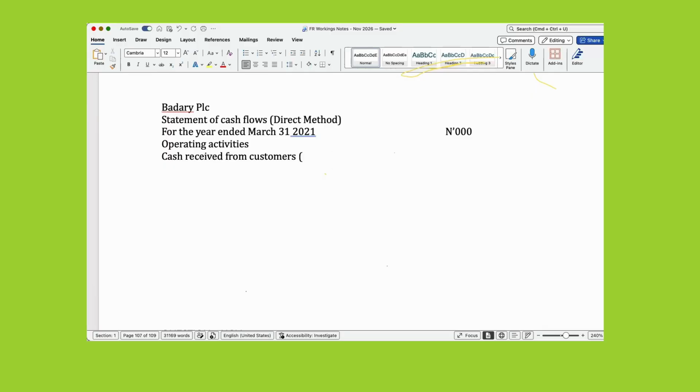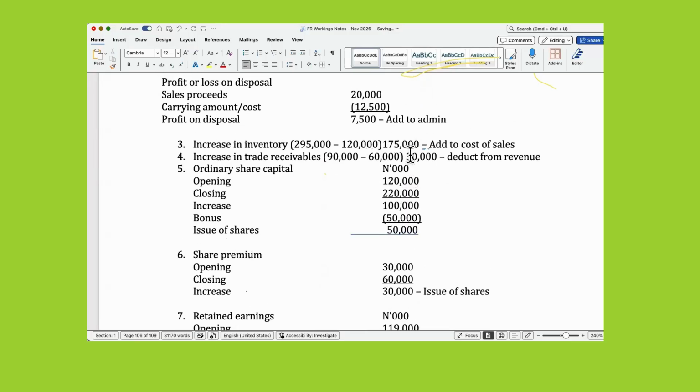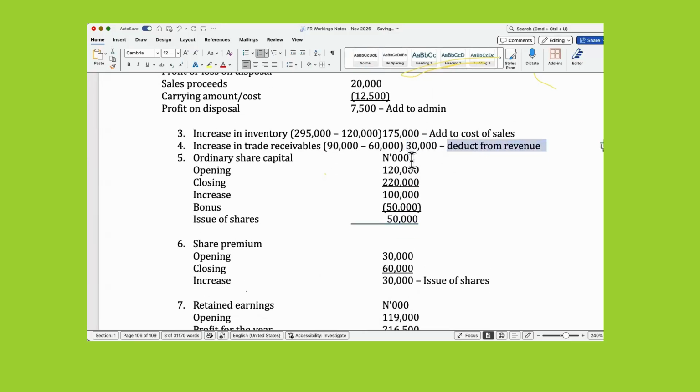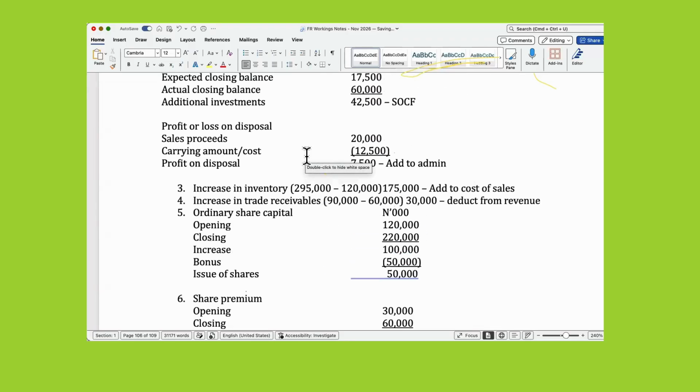What was my receivables for the year? That's my increase in receivables, 30. I'm going to deduct this from revenue. So that gives me 460. That's the first item.